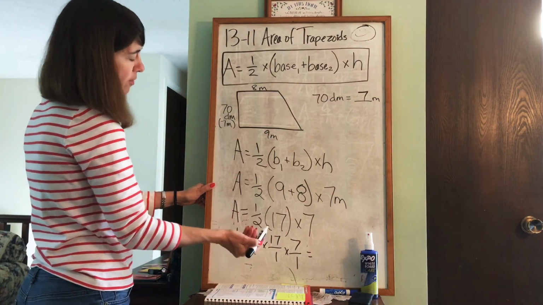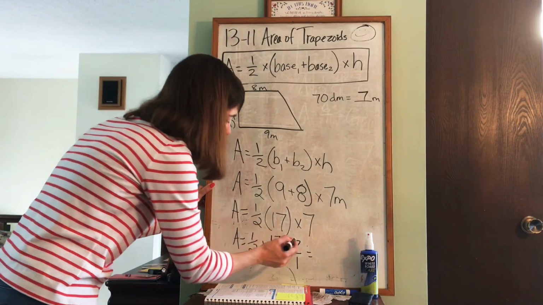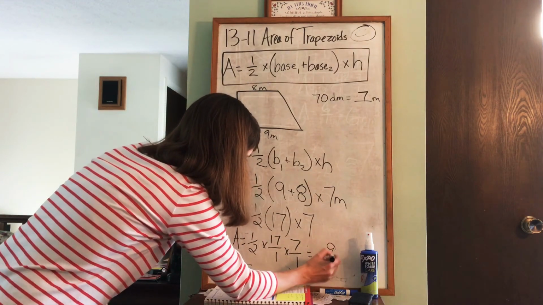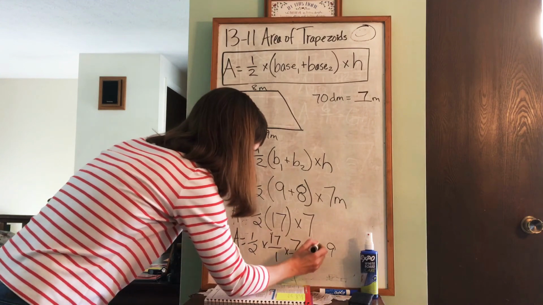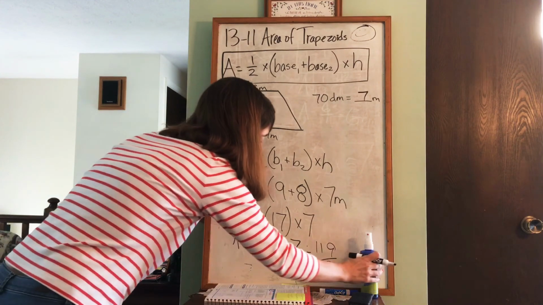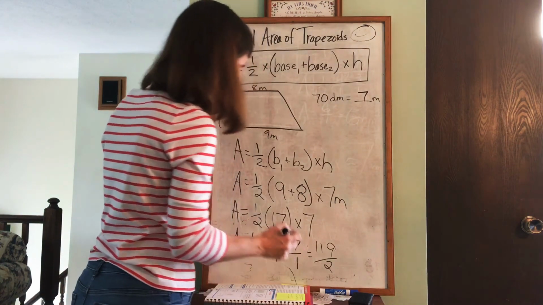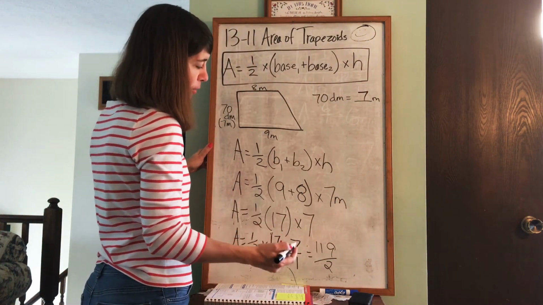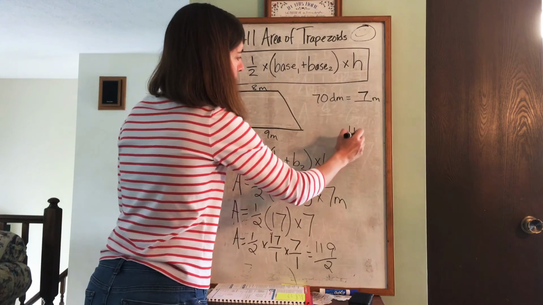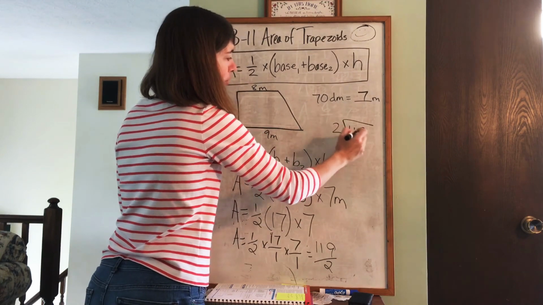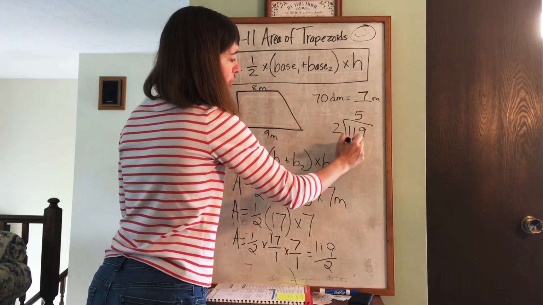So 1 times 17 is 17. 17 times 7 is 119. Carry the 4. 119 over 2. And then we'll have to change that from an improper fraction to a mixed number. So you would take 119 divided by 2. 2 goes into 11 five times, which is 10.